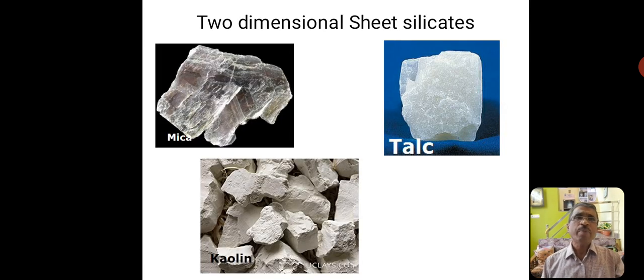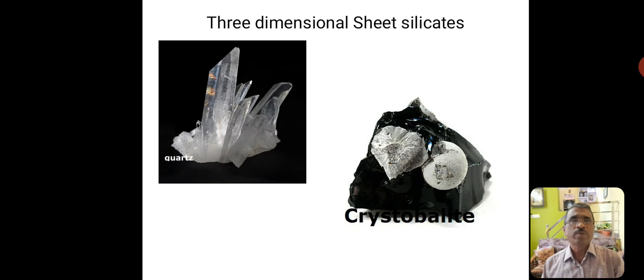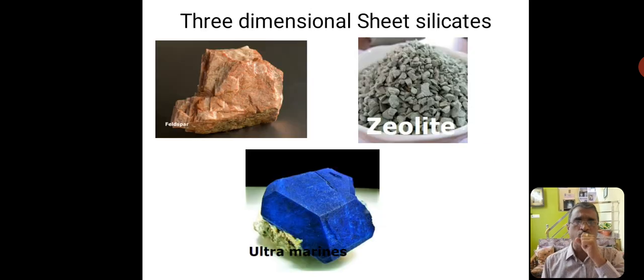These are the two-dimensional sheet silicates, like mica, talc and kaolin. And the three-dimensional silicates are the quartz, then the cristobalite, and the other three-dimensional silicates are the feldspar, zeolite and ultramarine.